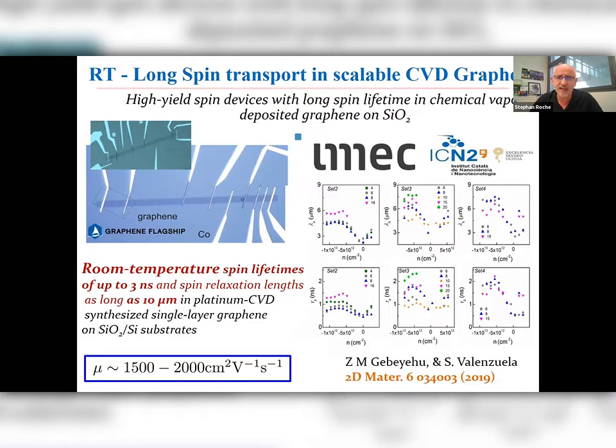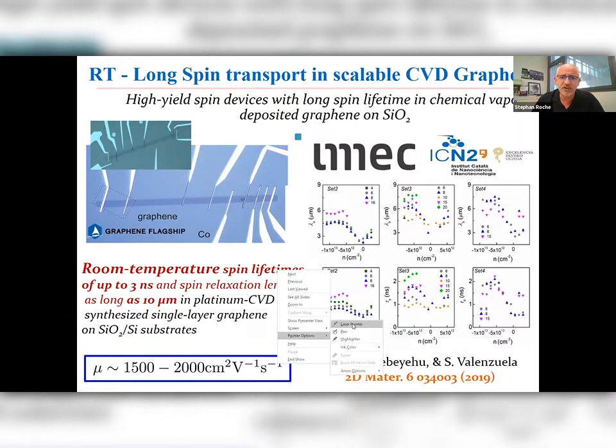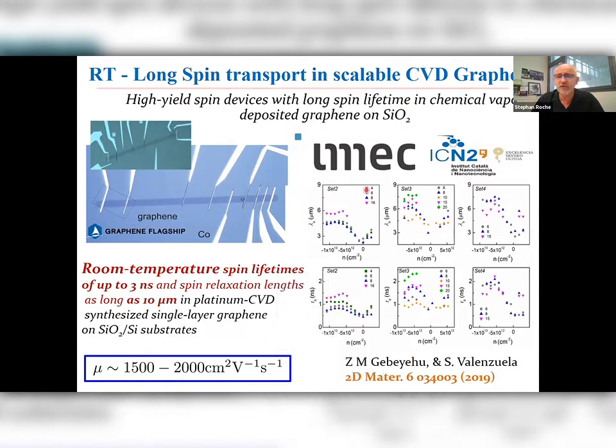over unprecedented scale. This is a result published by IMEC and ICN2, in which they show that at room temperature, you can achieve very long spin diffusion lengths and spin lifetimes in scalable graphene, the graphene that you can grow with chemical vapor deposition, CVD, which makes the system very useful for applications because it's integrable.